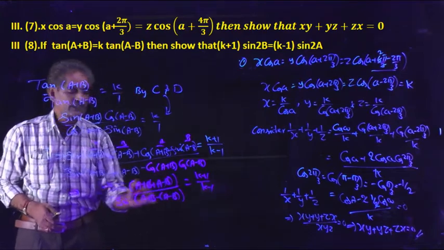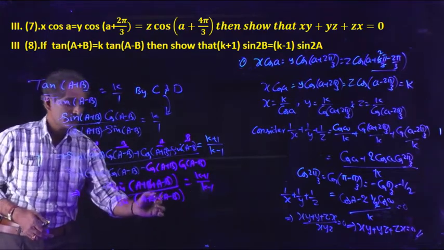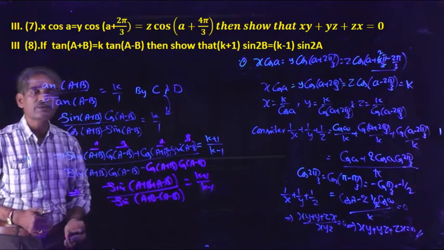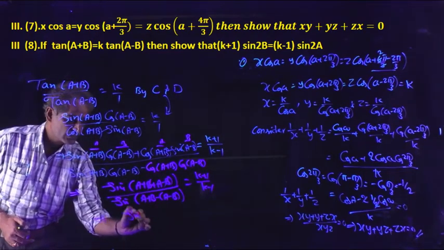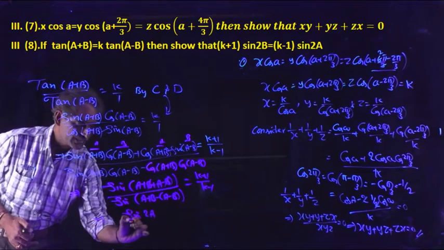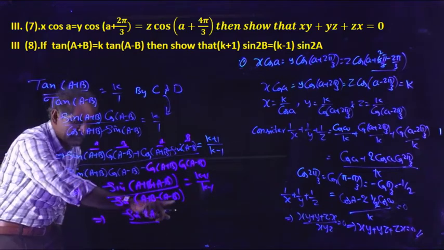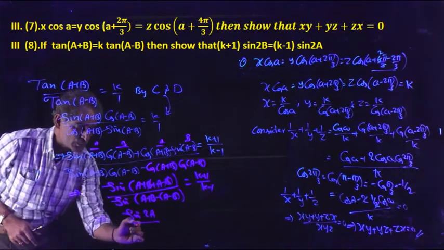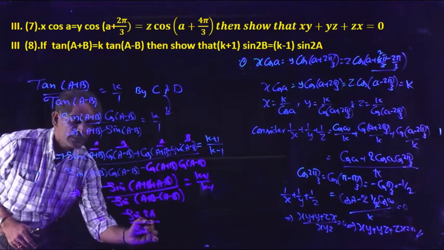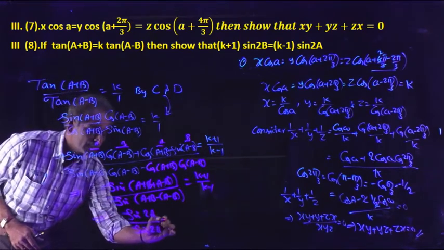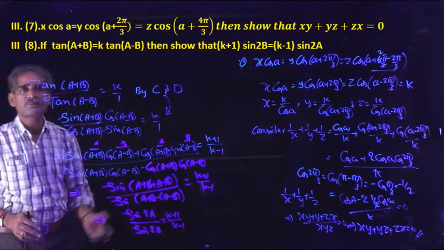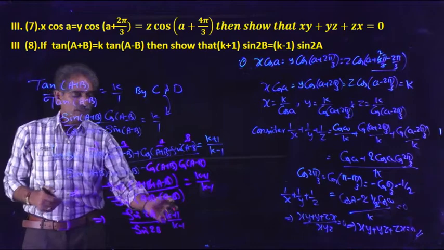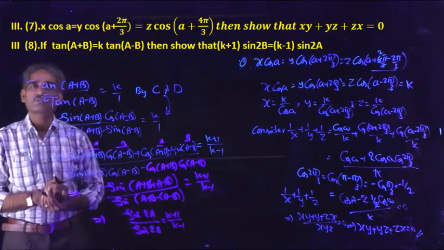Here b gets cancelled, sin 2a. Here minus a plus b, a gets cancelled, so we get sin 2a by 2b, sin 2b. Sin 2a by sin 2b is equal to (k+1)/(k-1). By cross multiplication we will get the required answer: (k+1) into sin 2b equals (k-1) into sin 2a.